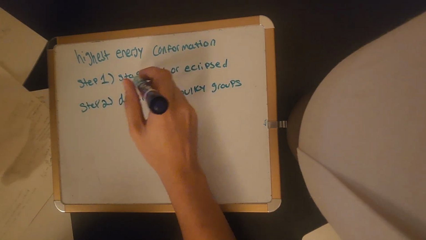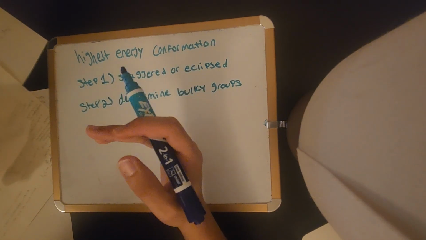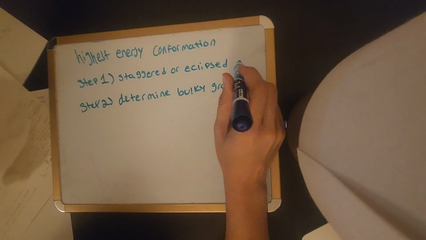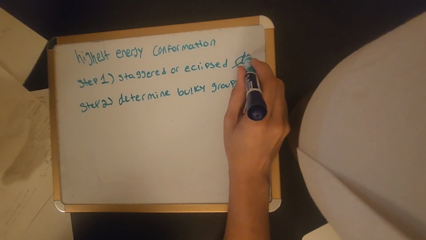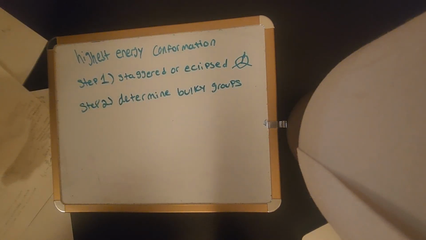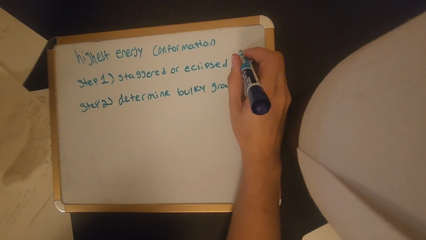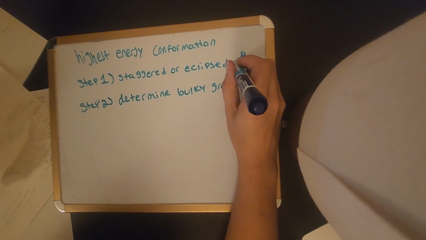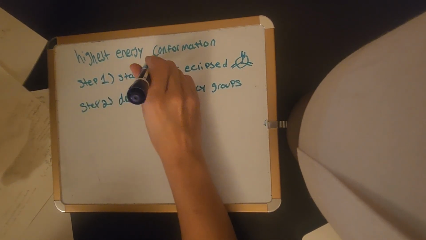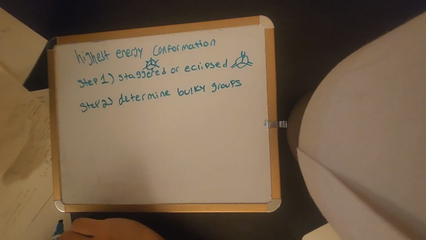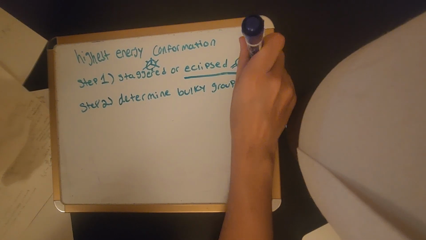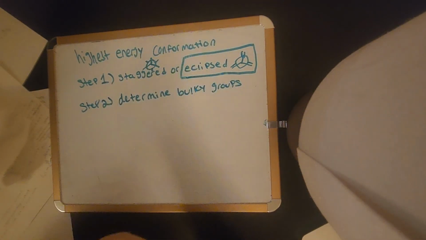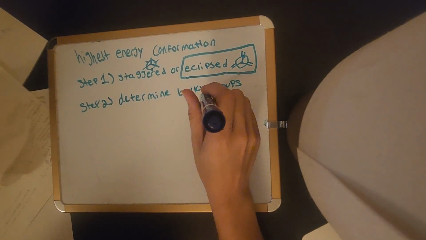If it's eclipsed, they are going to be right on top of each other. I got that backward earlier. Staggered, they are going to be far from each other. In terms of energy, eclipsed is going to have higher energy. Step two, determine bulky groups.